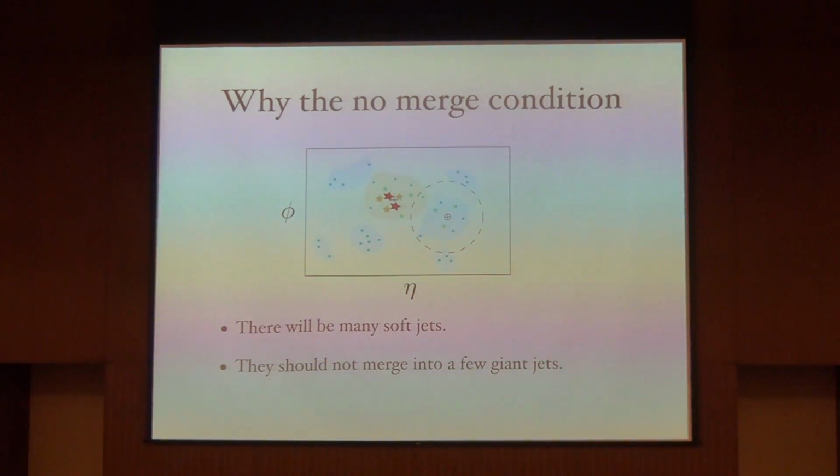But the whole calorimeter is filled with those little jets. They come from initial state radiation, they come from the underlying event. You don't want them to be part of your big jet. So this protojet will not get merged into that important protojet if the center of that important protojet is bigger than distance R from the one that you didn't want. So if you make R big, it's sucking more stuff into the jet. And if you make R small, it's leaving a lot of stuff out. That's the idea of it.